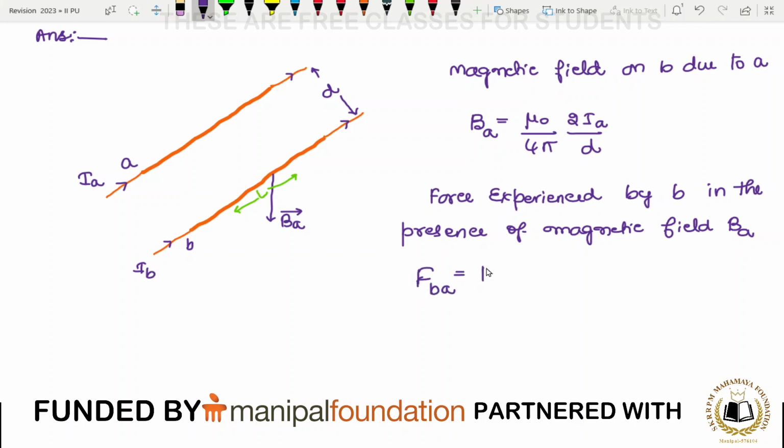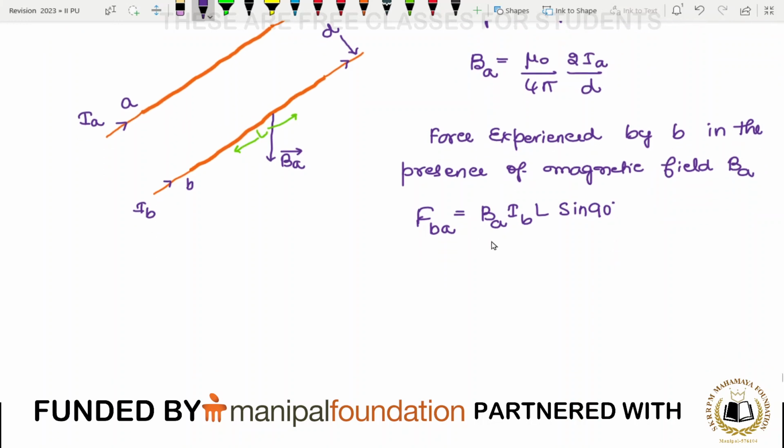So FBA equals BA, the magnetic field, into IB, L, the length, into sine theta. Here theta is 90 degrees, the angle between the length and the magnetic field; both are perpendicular. Substituting the value, FBA is equal to mu naught by 4 pi, 2 times IA by d, into IB into L. Sin 90 is 1.